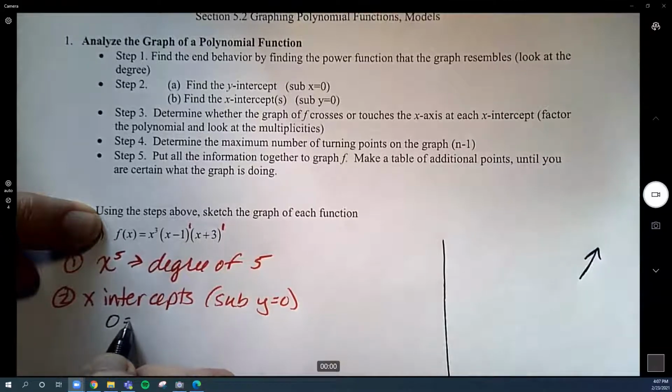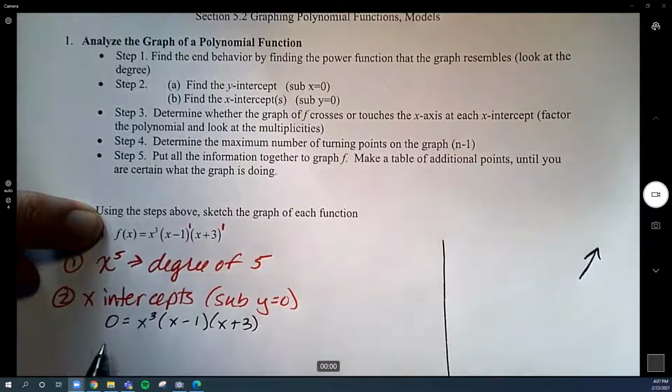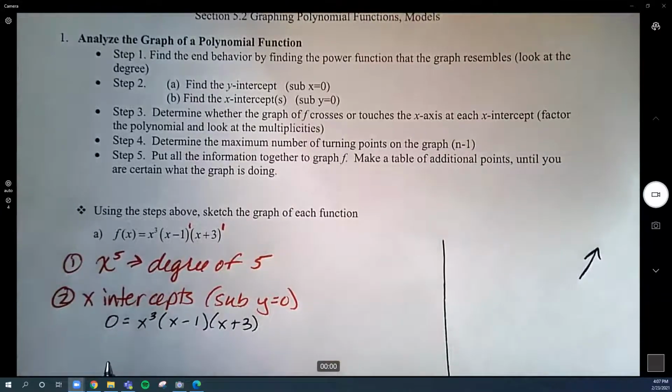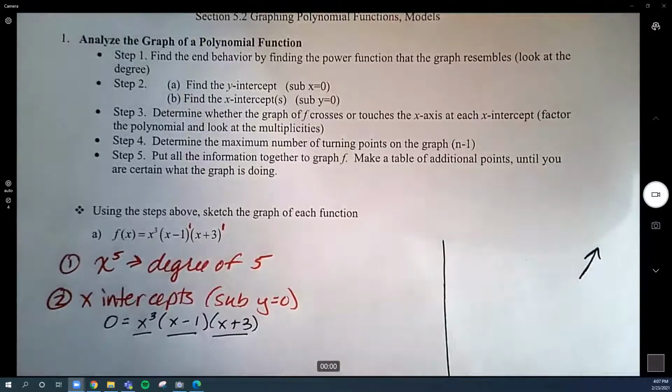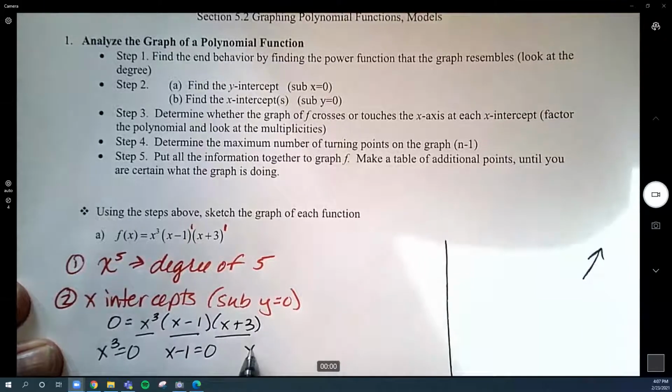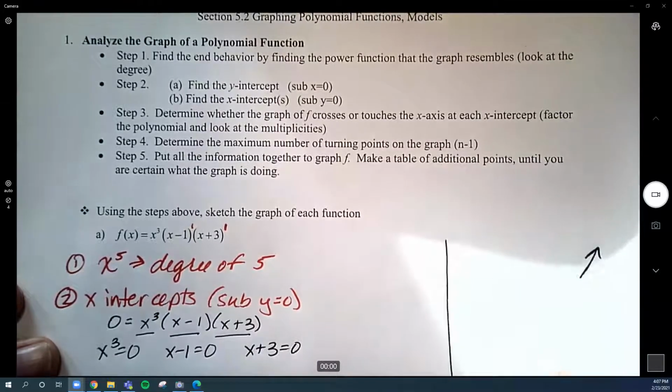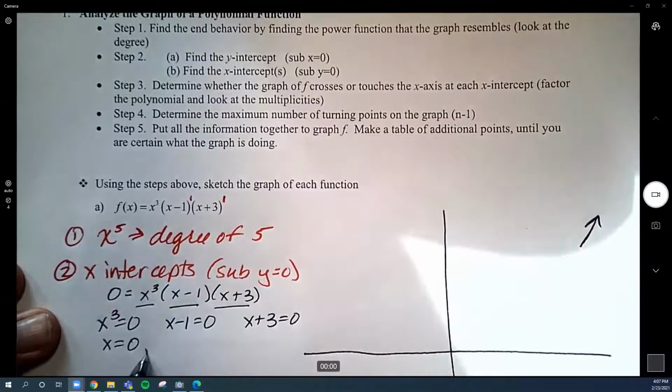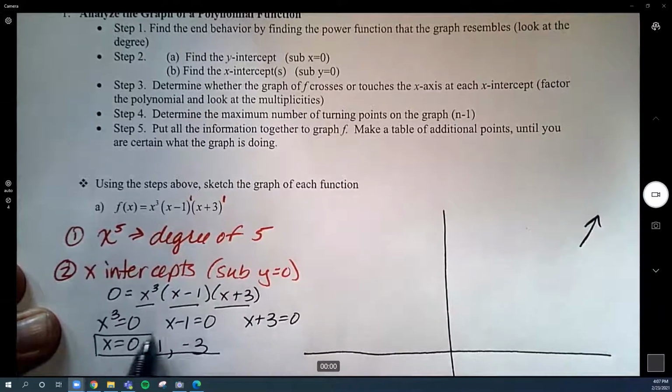So we say 0 equals x to the 3rd power times x minus 1 times x plus 3. Since all of this equals 0, using the zero product property, each of these factors could also be 0. So I set each of those 3 factors equal to 0 and solve for x. That means x could be 0, 1, or -3.